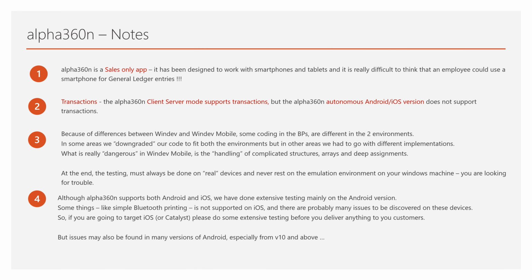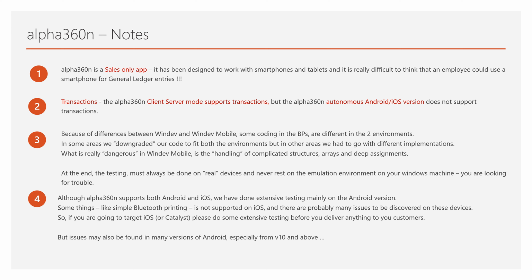Now, before going on and showing the mobile and the replicate live, here are a few notes about the alpha360n applications. First, alpha360n is a sales-only app. It has been designed to work with smartphones and tablets, and for me it is really difficult to think that an employee could use a smartphone for general ledger entries.